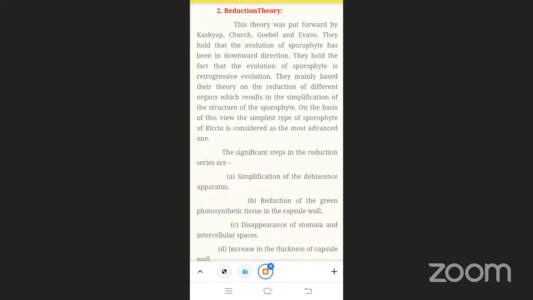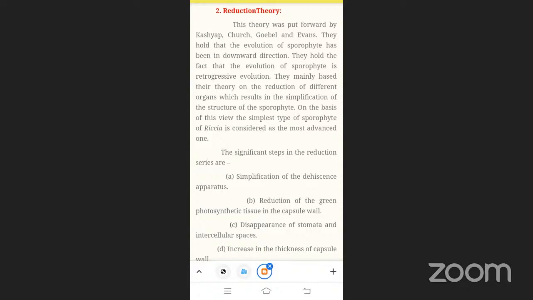So in Riccia there is no foot and seta, only the capsule is present. All these changes happen for the progressive increase in the fertile sporogenous cells. So this evidence from comparative morphology and experimental genetics supports the view that the simple Riccia sporophyte is more advanced than Funaria.